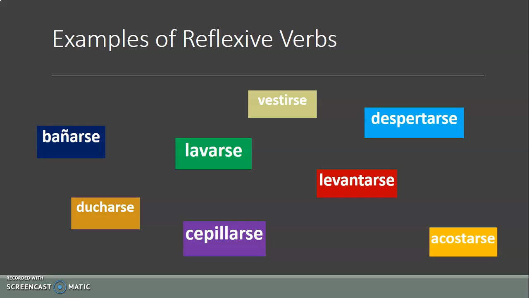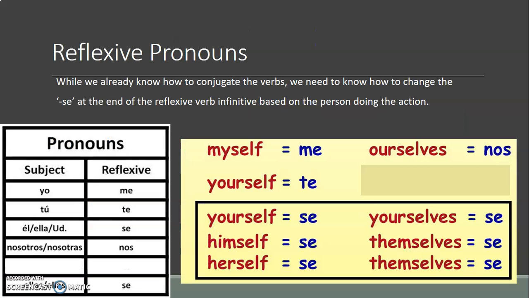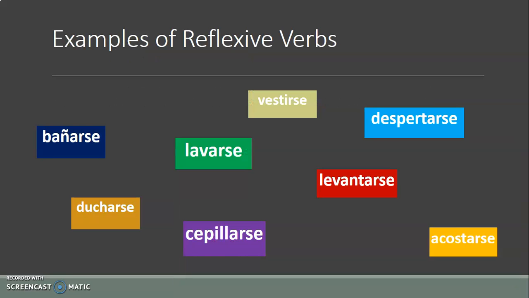Okay? There you have it, some examples of reflexive verbs. Now, we need to know how to use these reflexive verbs and how to talk about them or ascribe them to different people. So let's go back for a second. Remember we said all the verbs end with se.